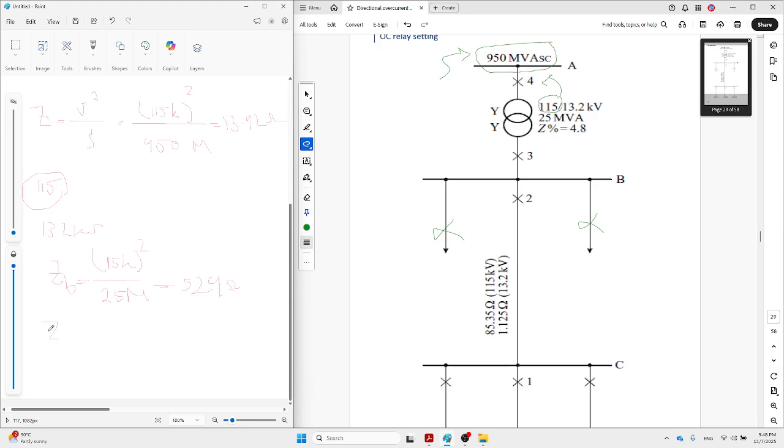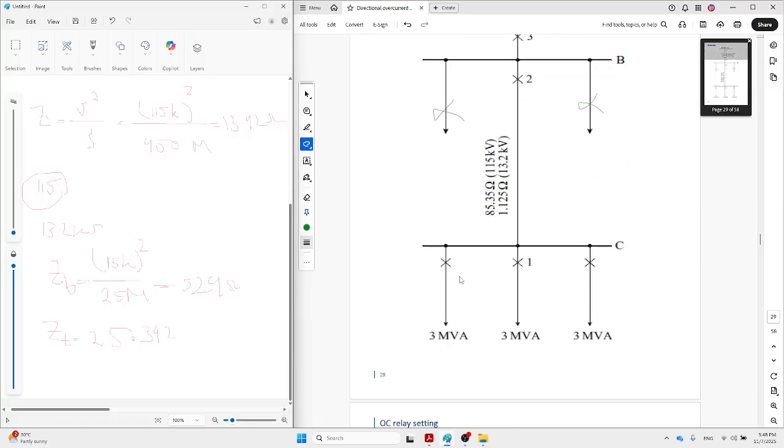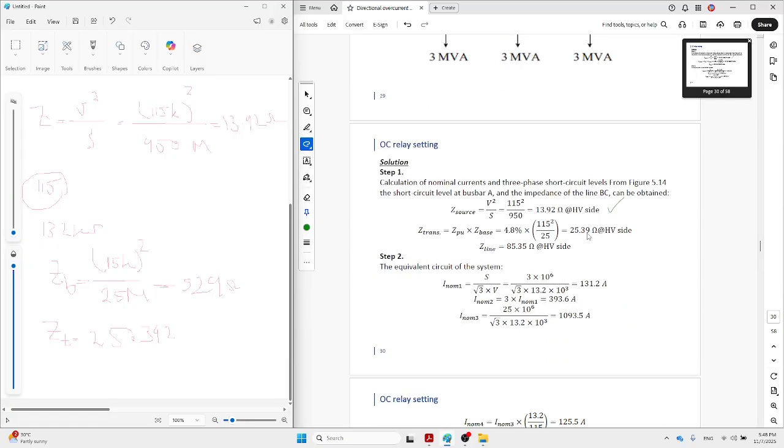And then the Z transformer in ohm is 529 times 4.8%, which is 25.392. This is the point here, okay?